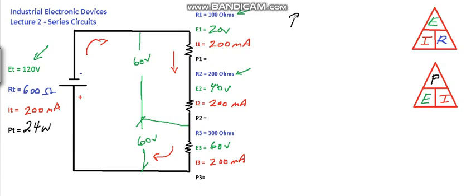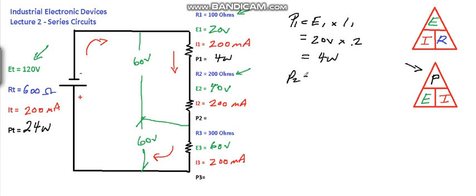I'm going to use the watts triangle. Watt's law: power is equal to voltage times amperage. So P1 equals E1 times I1. E1 we just calculated is 20 volts, and the amperage is 0.2 of an amp. 20 times 0.2 gives us 4 watts.